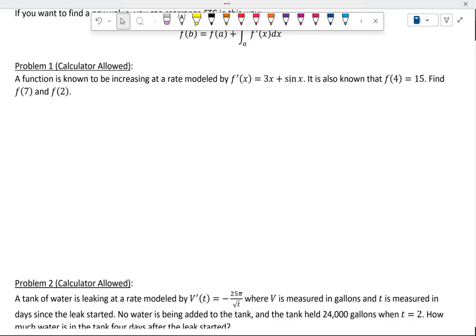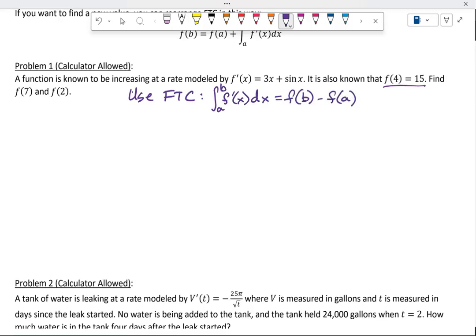It's 2 different points, so we are going to be using our FTC. Whenever they give us the derivative, they give us a starting point, and they want us to find a new point, we are going to use FTC, which is the integral from a to b of f prime dx equals f of b minus f of a.